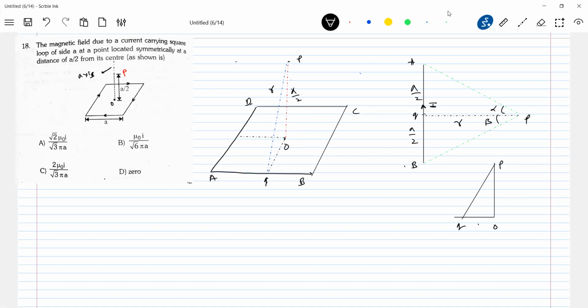Q, O, this is P. This is A by 2, and this is R. For the time being, you write it X. Later on, we'll change it. So it'll be easy for you in calculations.